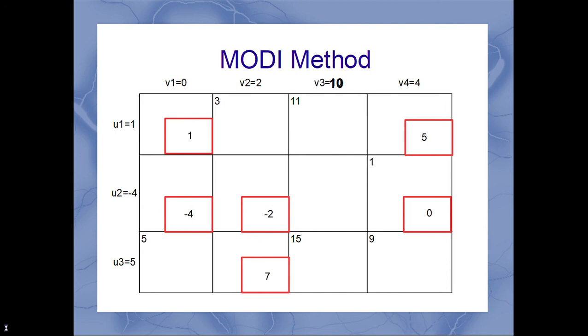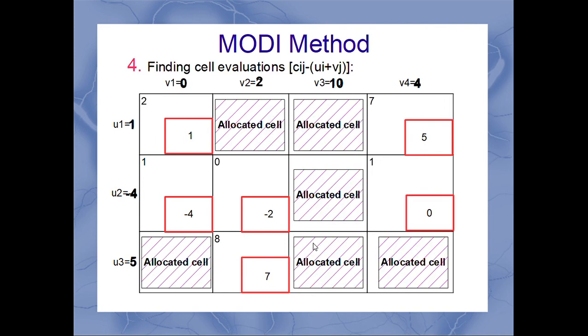Now we will take the cost of these cells and discard these cells, because these are all allocated cells. For these cells we will take the cost to find the cell evaluation. How do we find cell evaluation? Subtracting this number from the cost.